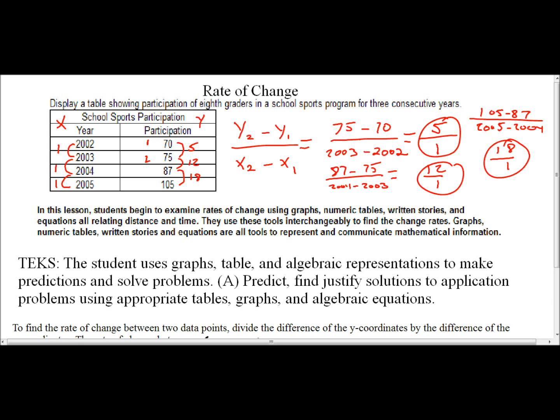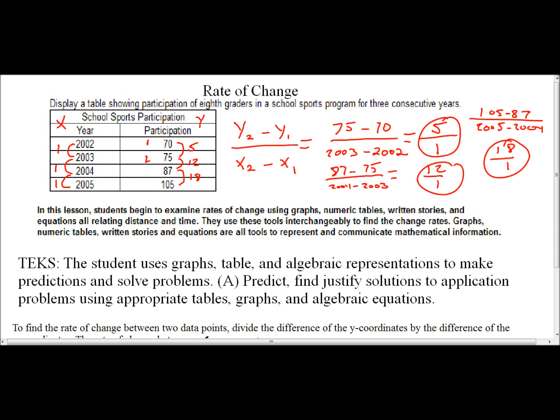Say, for instance, looking at this data that we just created, we say, between which 2 years was the greatest increase in the number of participants? So looking at what you constructed with 5, 12, and 18, you can easily say between 2004 and 2005, that was an increase of 18 students.